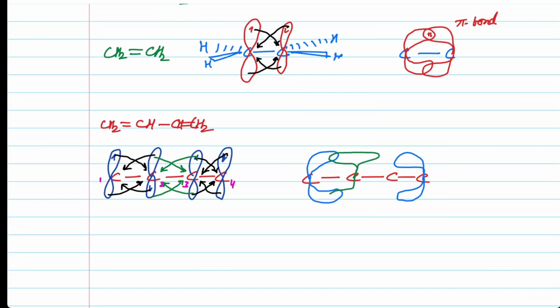It will be deformed towards the carbon number 1 as well as carbon number 3. In the same manner, the electron cloud of carbon number 3 will also be deformed similar to the electron cloud of carbon number 2, and it would be spread.